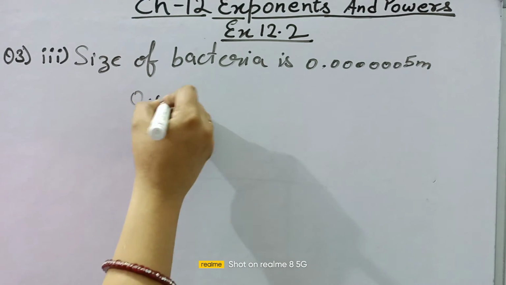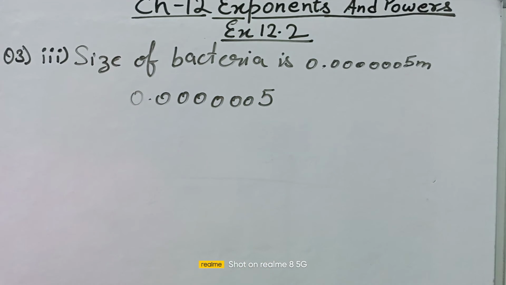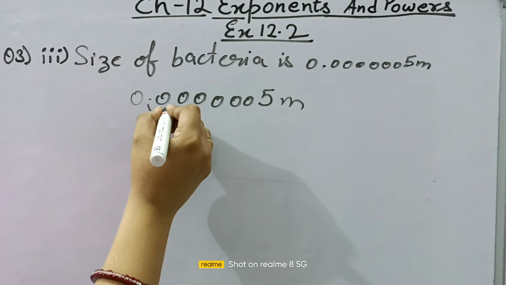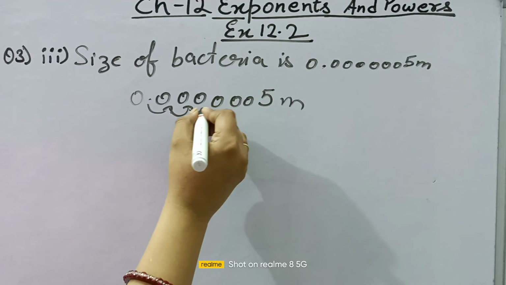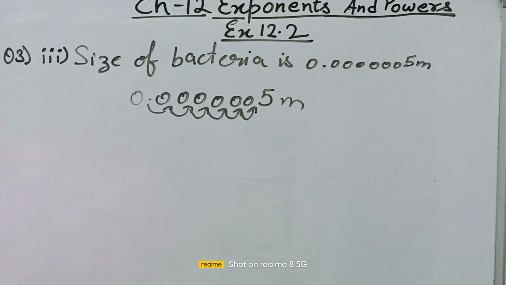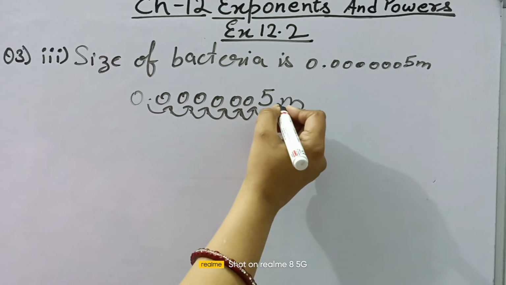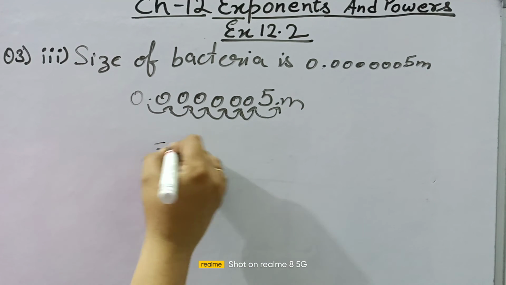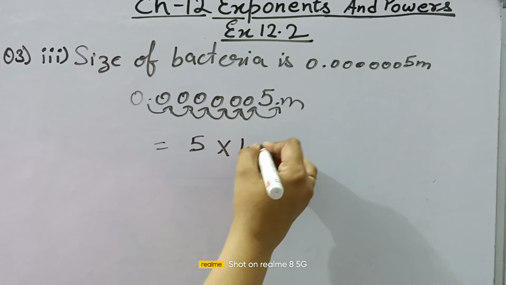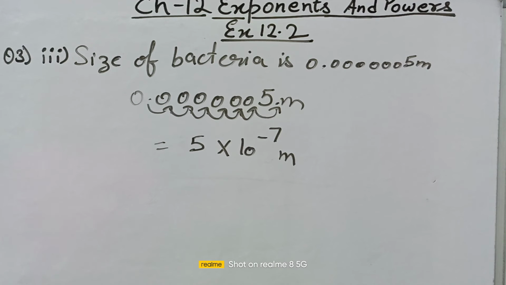Now see how many times you have to shift: 1, 2, 3, 4, 5, 6 and 7. Now this decimal has come here, that means we can write 5 multiplied with 10 raised to the power minus 7 meters. This is the size of bacteria in standard form.